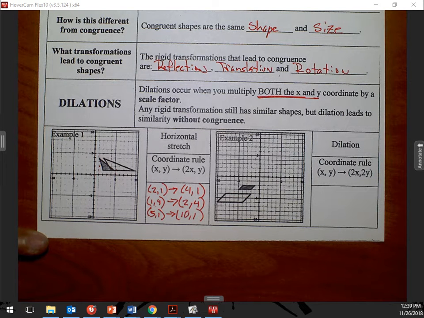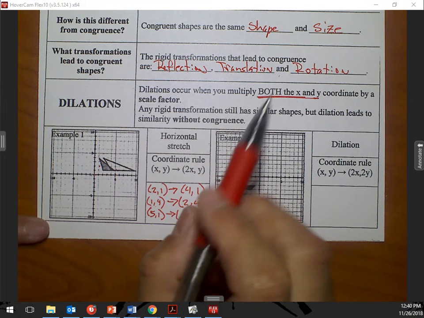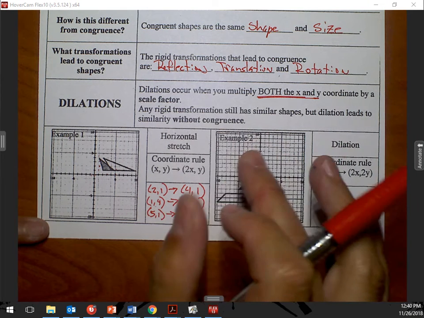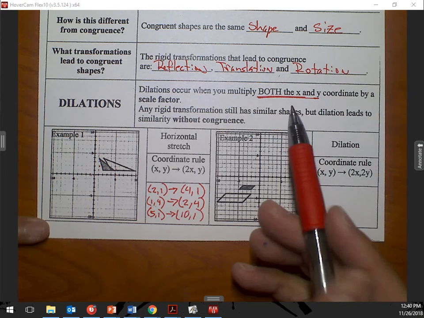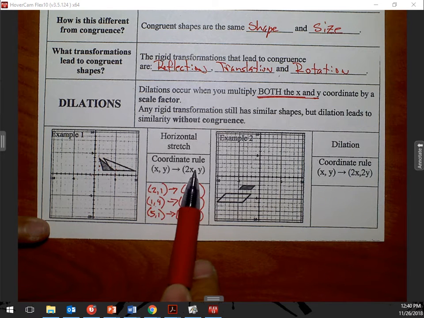Yeah, that's what we're doing. Okay, so this is a stretch. Hey, you two, stop talking to each other. I'm trying to give you guys answers for this. Horizontal stretch only changes one of them.